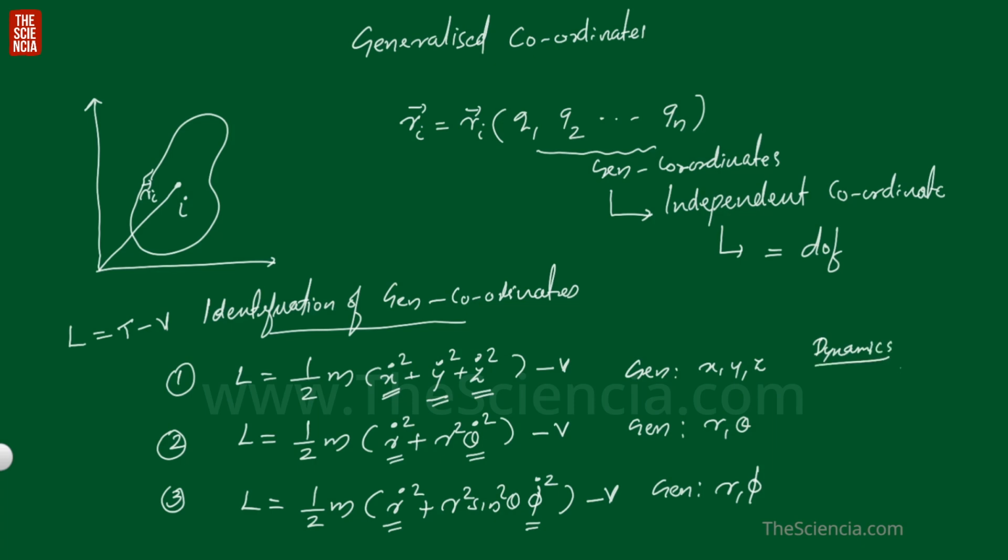Dynamics is the motion of a system. So system is in motion means it's changing with respect to time. Its coordinates are changing with respect to time. So suppose a coordinate, I am taking the r coordinate, is changing with time. Then there will be a velocity, that is r dot. Okay, so here it is a generalized velocity.